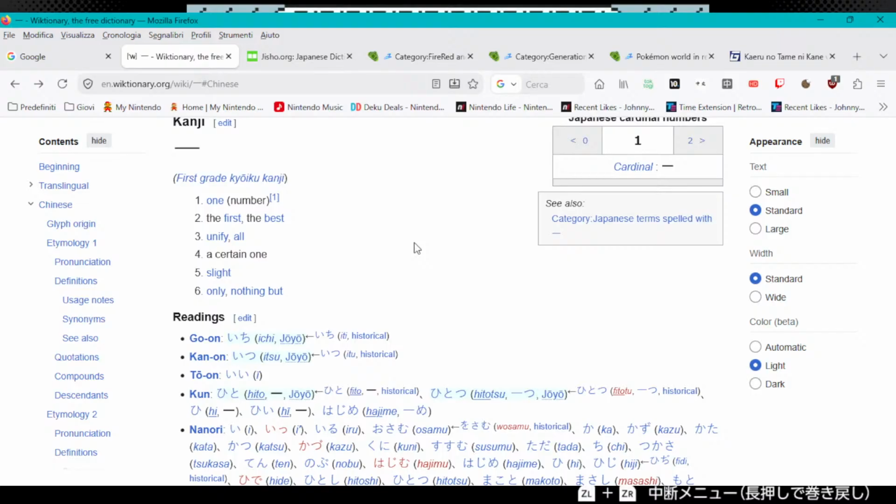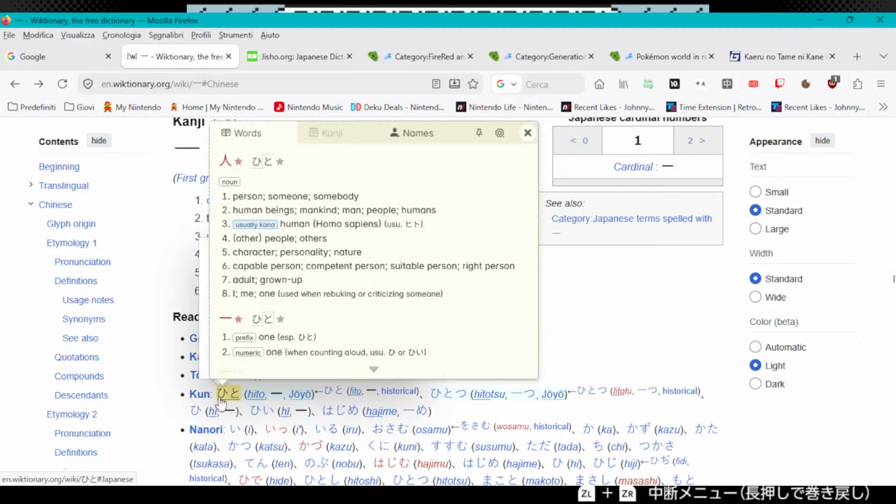As for its strictly Japanese readings instead, the first, the fundamental one is hito. Not the hito unaccented, which means person, with the kanji of person I've mentioned. Now we can see it again.